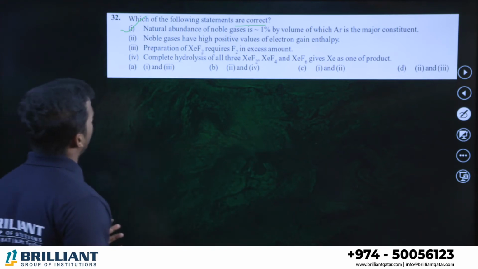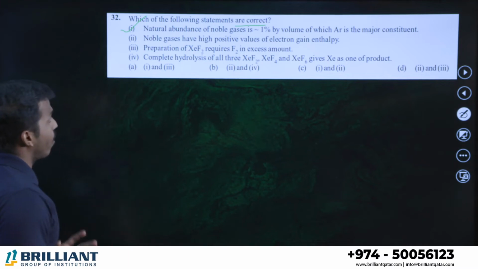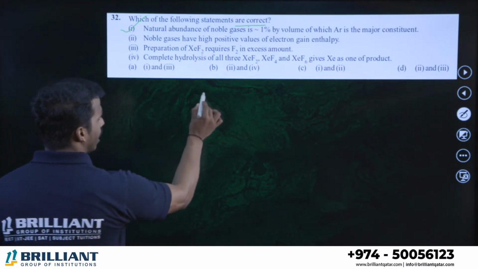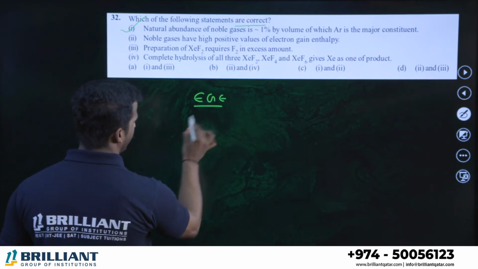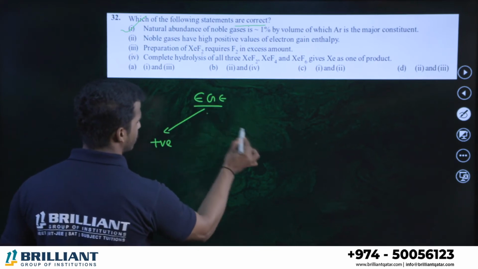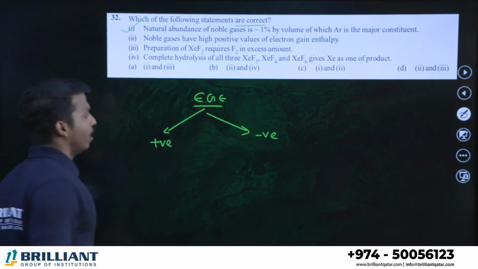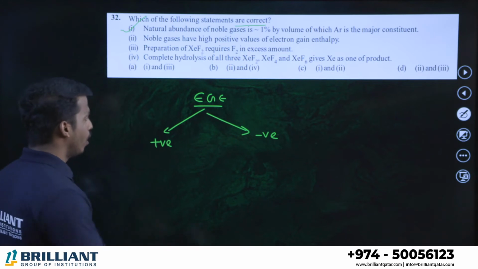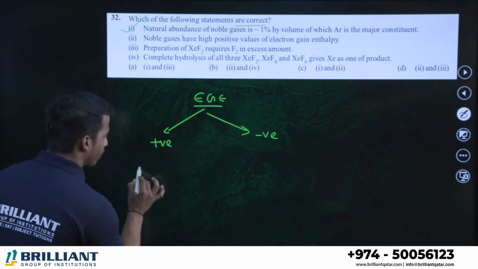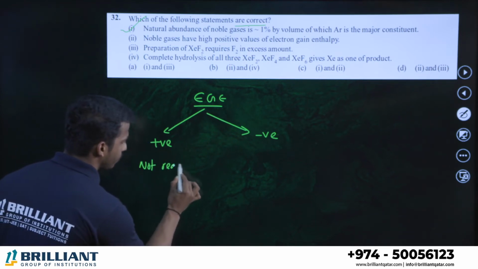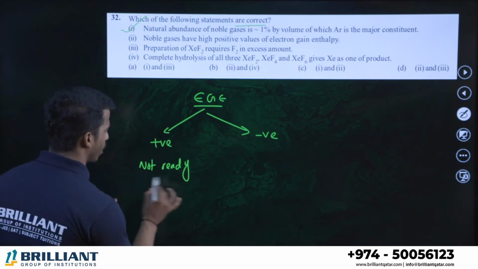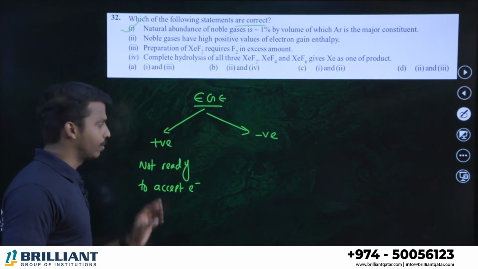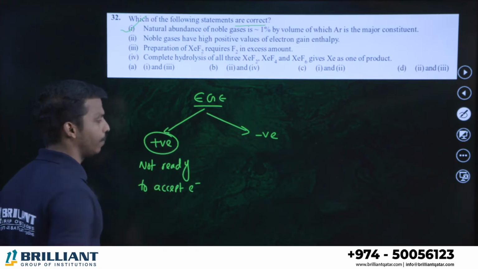Second option given: noble gases have high positive value of electron gain enthalpy. Electron gain enthalpy can have two kinds of values, positive or negative. Which species have positive value, which have negative value? Those species which are not ready to accept electron in their system, generally electron gain enthalpy will be positive.